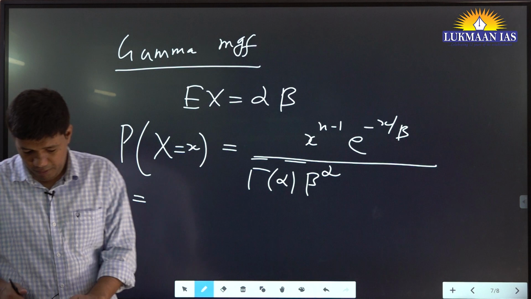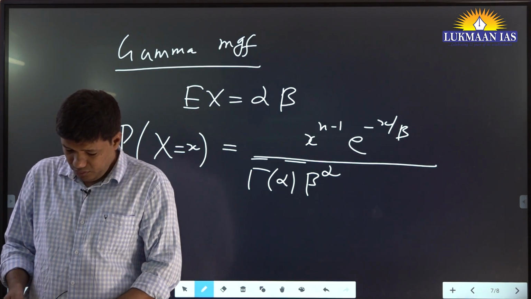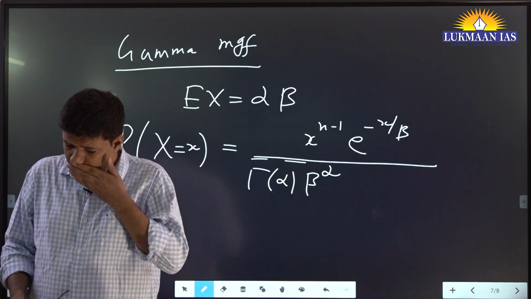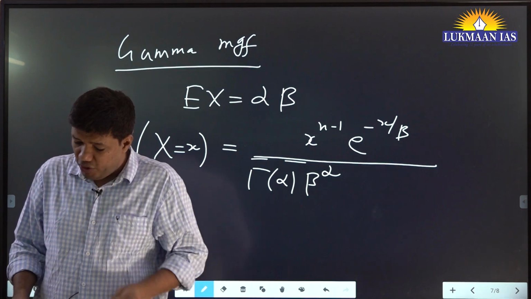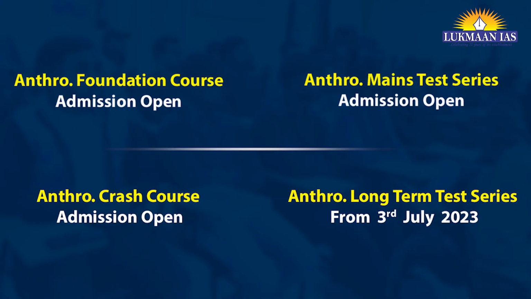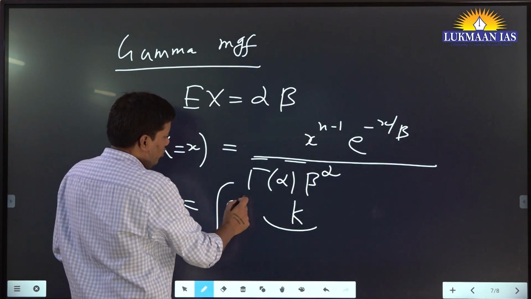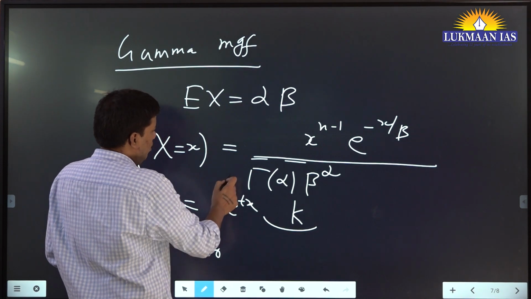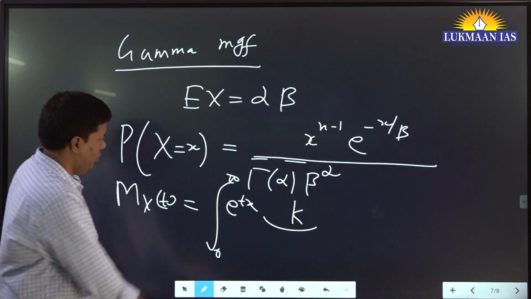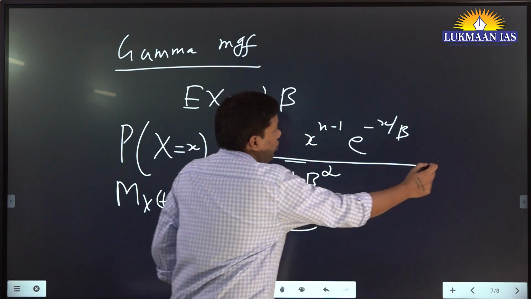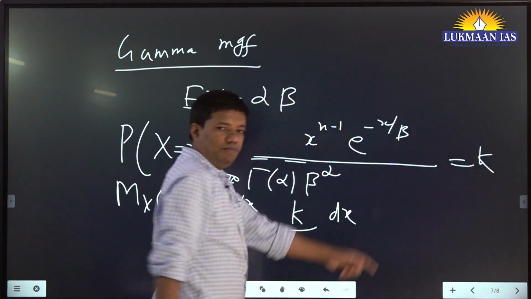Okay, so that is fine. And you can calculate the moment as well. Let's say somebody asks you how to calculate the moment generating function of this function. What you will do is take this function, I'm calling it, let's say, k, and you will do the integral of e^{tx} times k dx from 0 to infinity, where k is equal to this function.